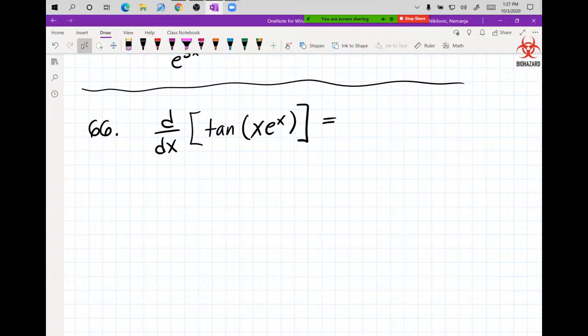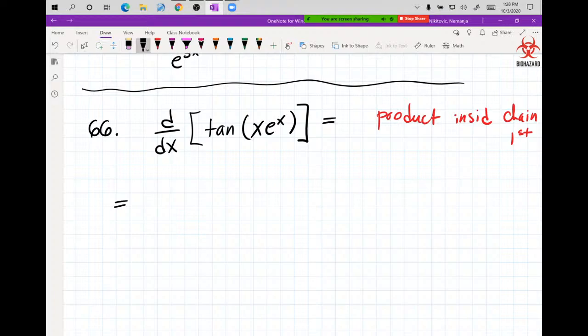What do we have as a mix in here? You have a product and chain. Product inside chain. So chain is first to be done, and the product will be done when we have to. If the product is inside the chain, then chain rule is the boss, and the product will be done whenever we have to do it.